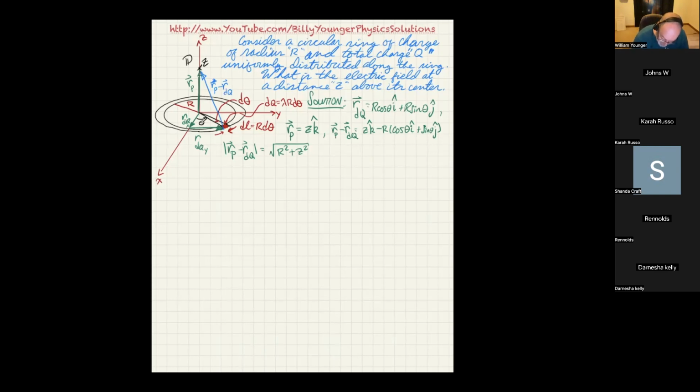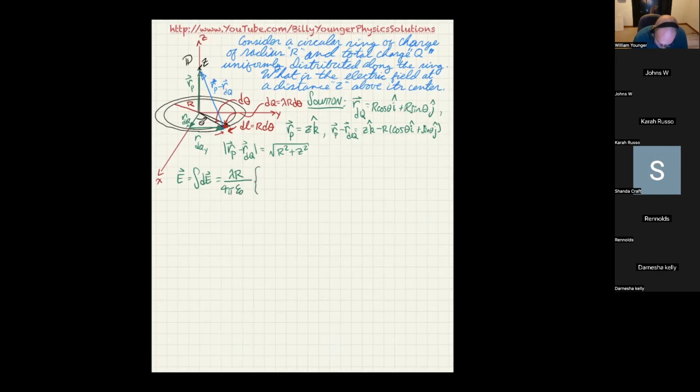Now we are in a position where we can go ahead and compute the electric field. So I'm going to say the electric field, which is the integral of the differential electric field. I'm again going to make use of the fact that the lambda can come out in front, and this time the r as well. So I'm going to say lambda r comes out in front. 4 pi epsilon naught comes out in front as well.